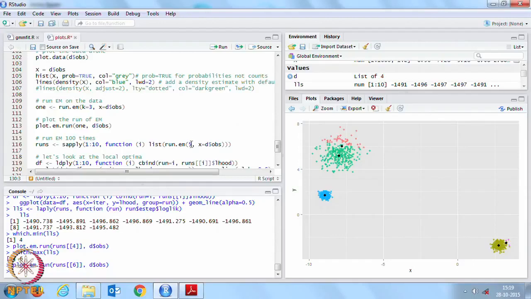So, I made a mistake. The reason is I gave k equal to 5 here instead of 3. So, it is okay. You see what it has done. It has estimated 5 different components. You see, these are the means of the components. Right. So, it has tried to fit 5 Gaussians instead of 3.